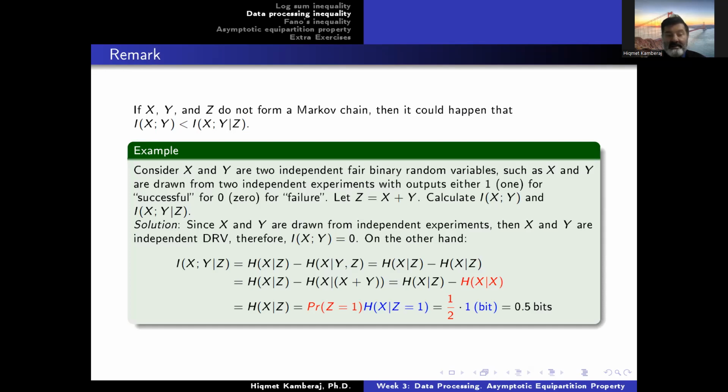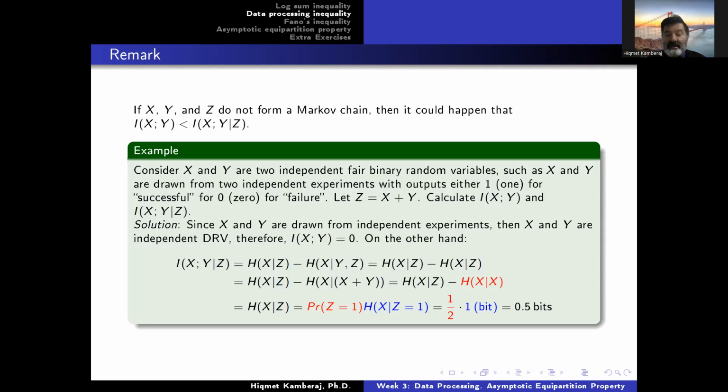On the other hand, the mutual information between x and y given z is equal to, based on the formula from last week, the entropy of x given z minus the entropy of x given y and z. Or it is equal to the entropy of x given z minus the entropy of x given z.